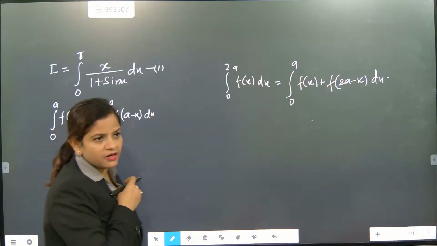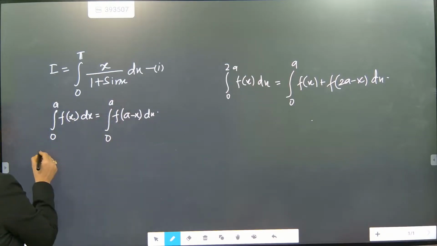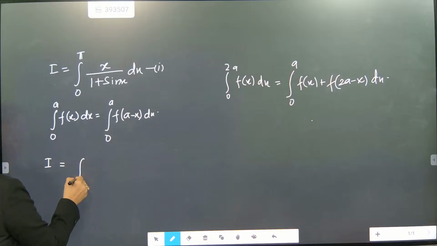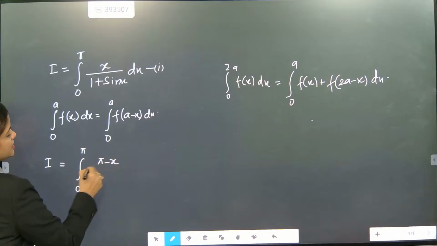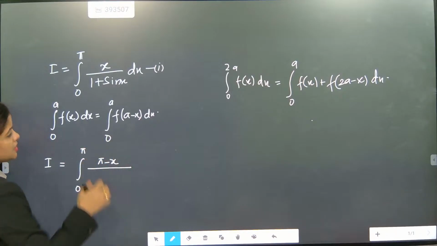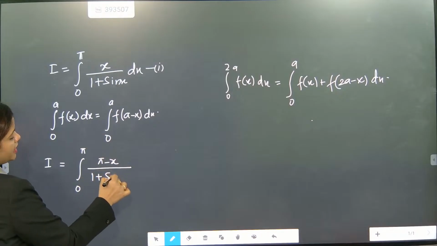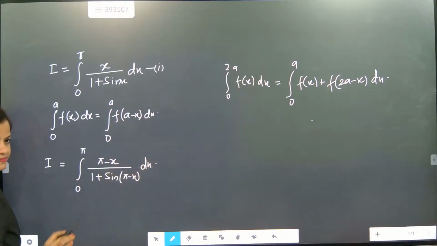Voice is not clear? You people are telling voice is clear or not? Check one time. So now look here. Because so many problems were there, net problem was there. Now look here, 0 to pi. Here it will become pi minus x. Wherever x is there, now it will become pi minus x. Now here 1 plus sine of pi minus x dx. Done.